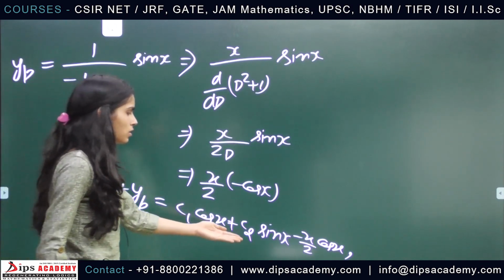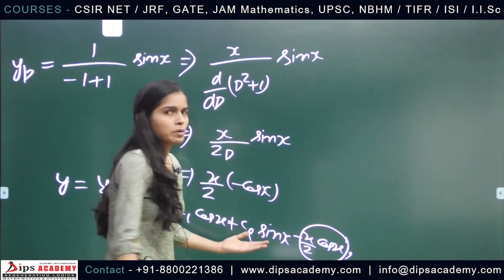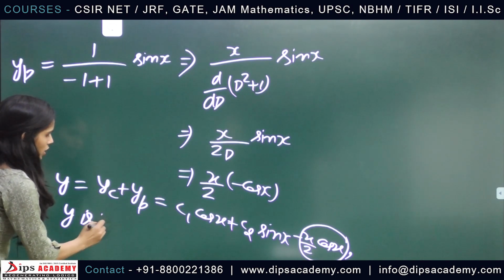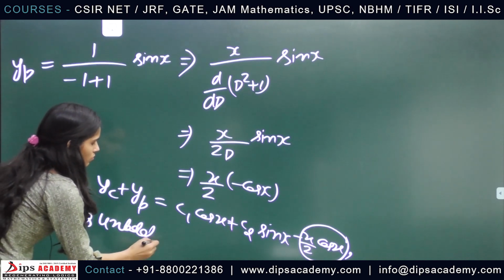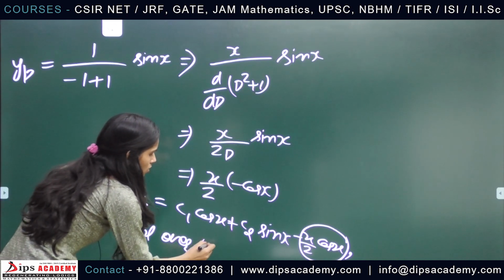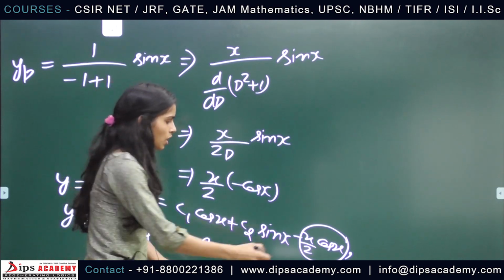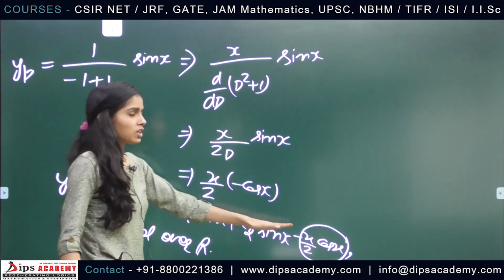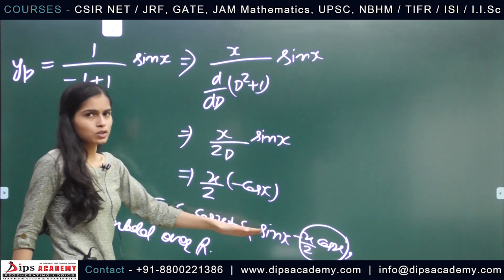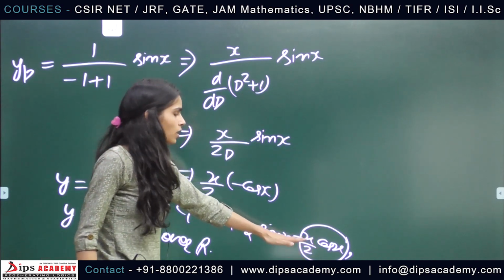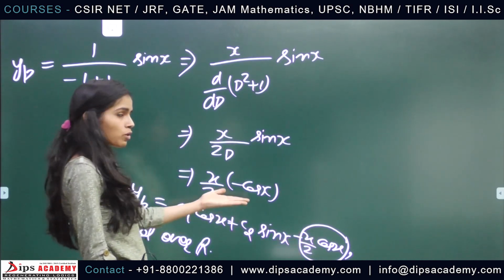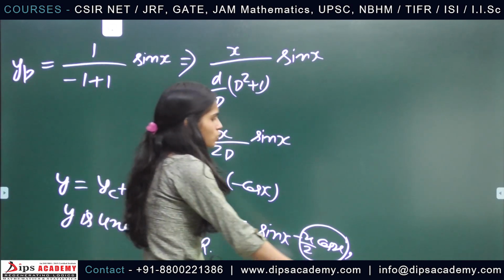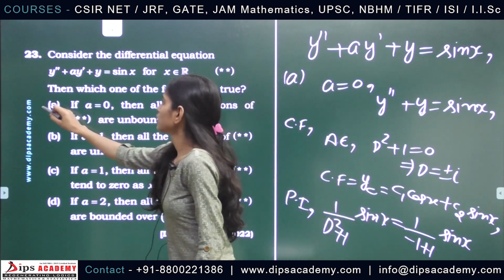In that case this term will be unbounded, so y is always unbounded over R. In all the solutions, c1 and c2 can be 0, but the particular integral we can't skip in any solution, so it is present in all the solutions and is unbounded in all of them. Because of that, y will be unbounded over R for all the solutions. So option A is true.